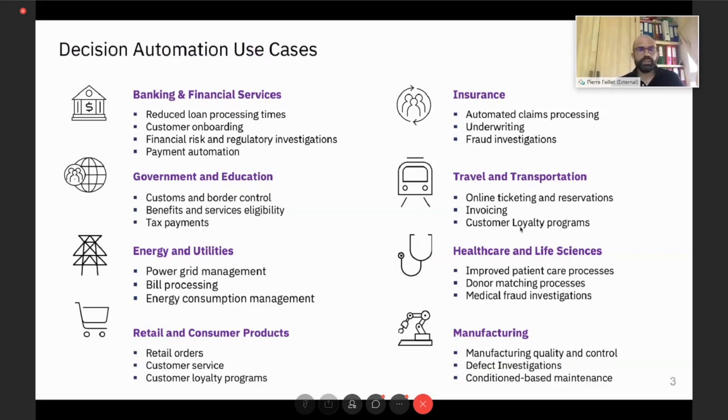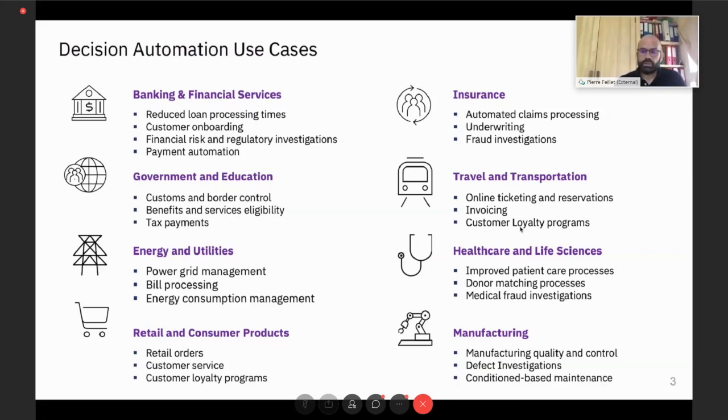We also see use cases in retail, with companies using decision automation for pricing and for loyalty programs. We have customers in the casino business, even if today this business is rather low. Insurance, yes. Travel and transportation, so invoicing and, once again, loyalty.